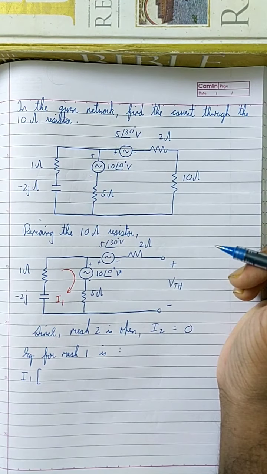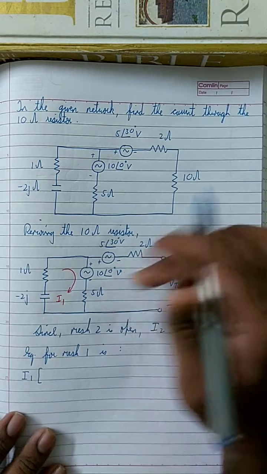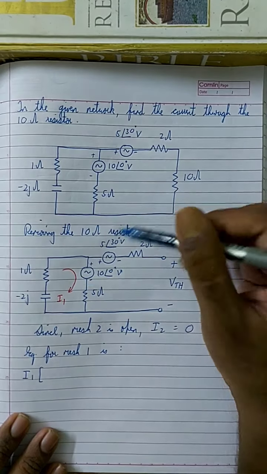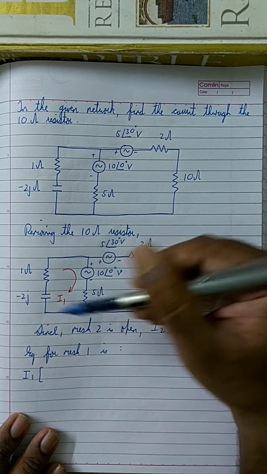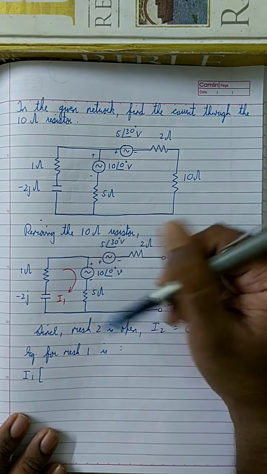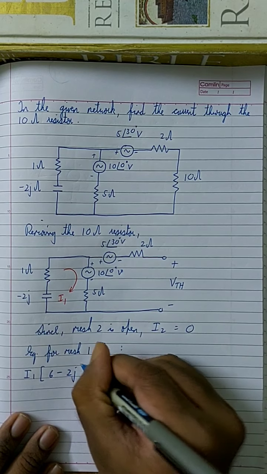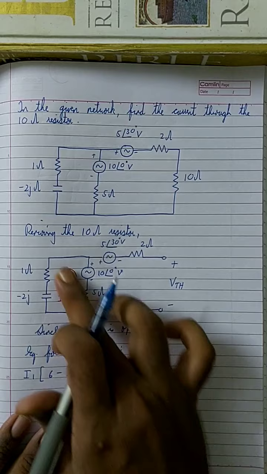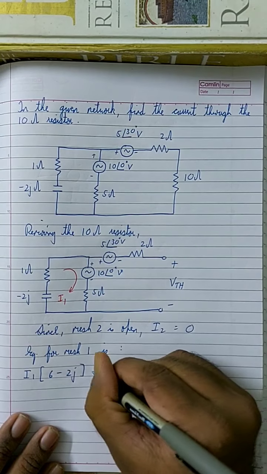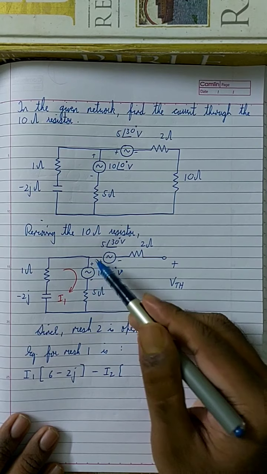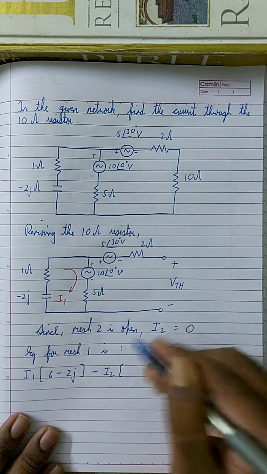You need a polarity when you mark I1. So here I1 is touching this 1 ohm, this 5 ohm, and this minus 2j. What is 1 plus 5? 6. So you have 6 minus 2j. I1 into 6 minus 2j, minus I2 into, and I2 is touching only this element over here, this 5 ohm.